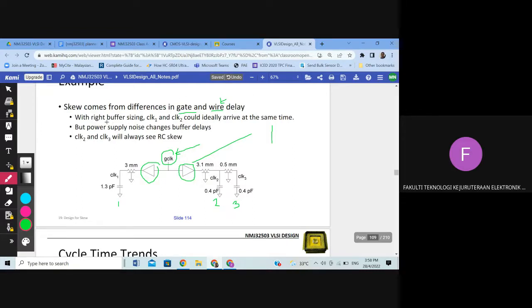Okay. With the right buffer sizing, this is clock 1, clock 1 and clock 2. You can see here, and we see clock 3 here.